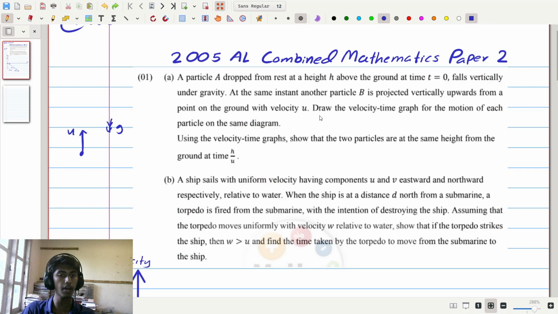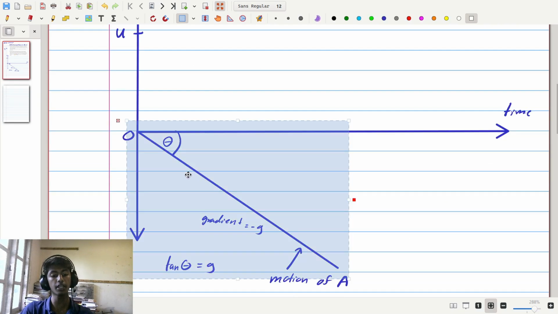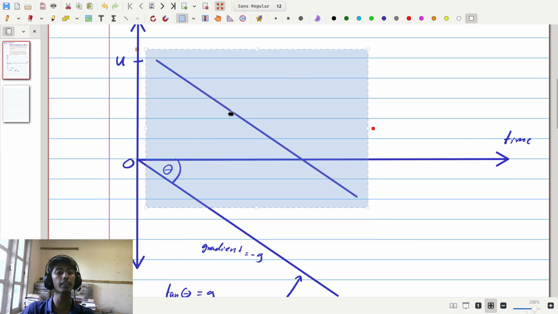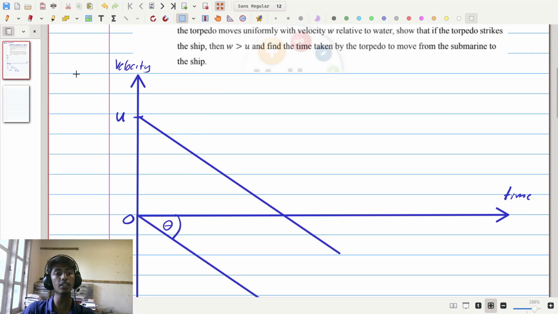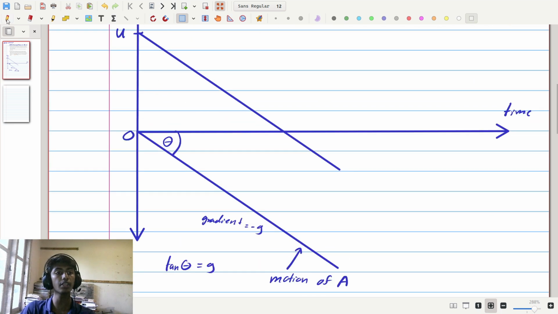Now considering this graph, since this particle is going to have a downward acceleration of g, the same as the first particle, it is also going to be represented by a line with the same exact gradient as the first particle's line, but now passing through the point u and 0 on these axes. It's going to intersect at velocity equals u, time equals 0. So due to this, we can see these two lines are going to be parallel to each other.